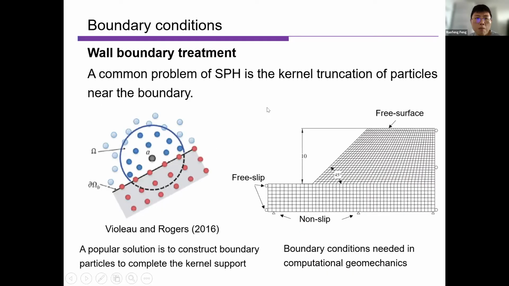A common problem of SPH is the truncation of particle support near the boundary. Here we construct layers of particles in order to complete the support of the particles near the boundary. And also in computational geomechanics, we need the free-slip and the no-slip boundary conditions.